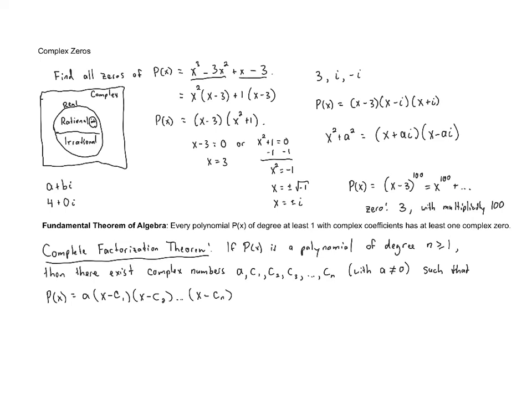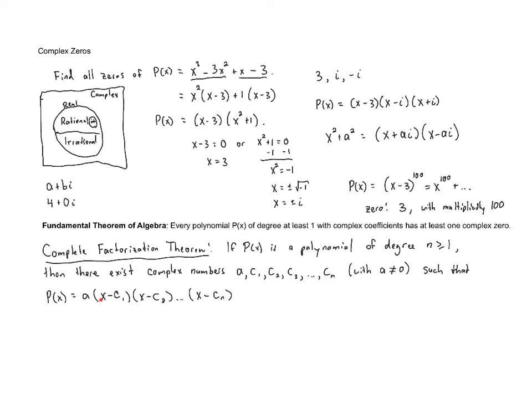You'd never see that or be able to distinguish that on a graph because it's just going to have 3 as an x-intercept. But it's important to recognize that if we have a zero that has multiplicity more than 1, this doesn't mean we're going to have n x-intercepts. And in fact, if a zero is a complex number or an imaginary number that's not real, then that's not going to correspond to an intercept.